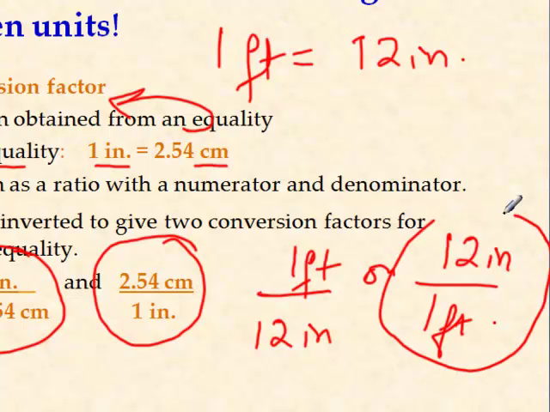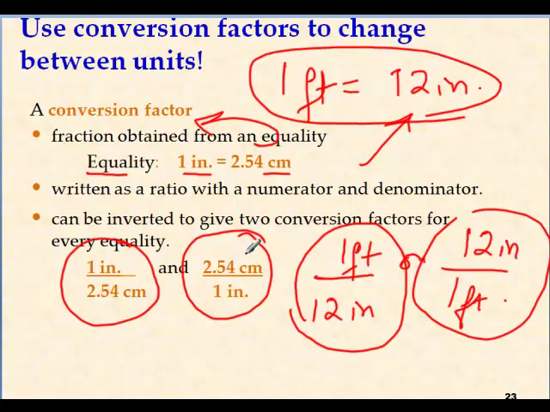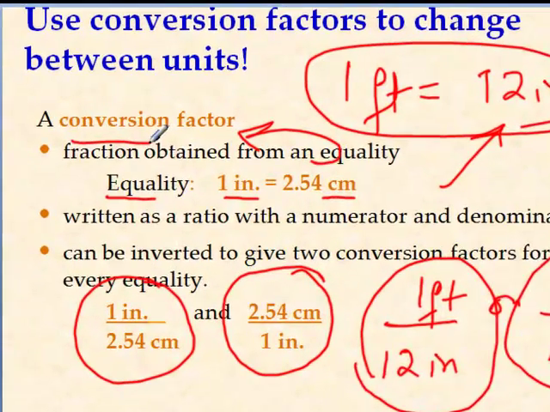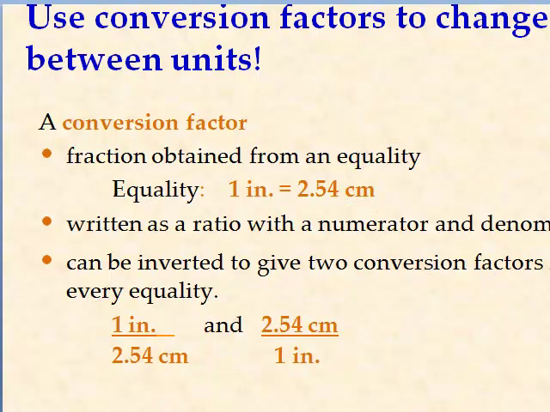Often when we do it in class, I'm going to ask you, what is the equality? Know what I'm asking for. I'm looking for a one-line statement of the relationship. If I'm asking what is a conversion factor, then it should be written as a ratio with a numerator and denominator.